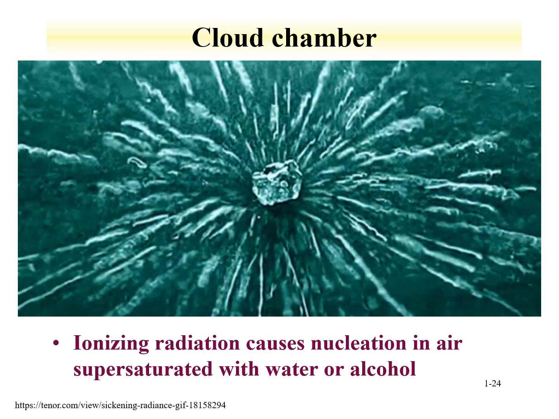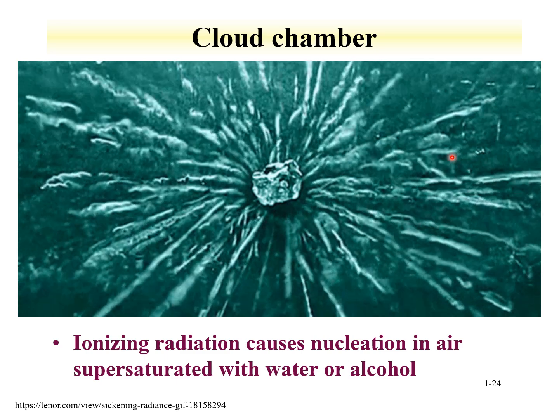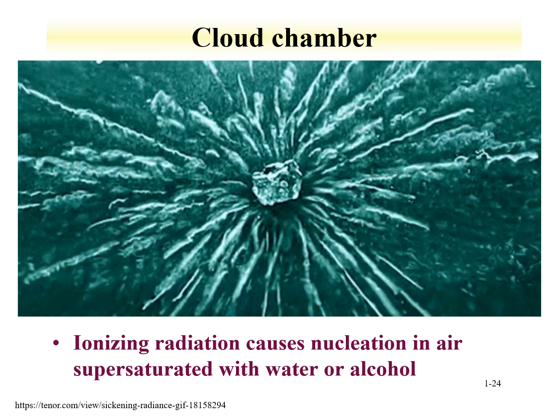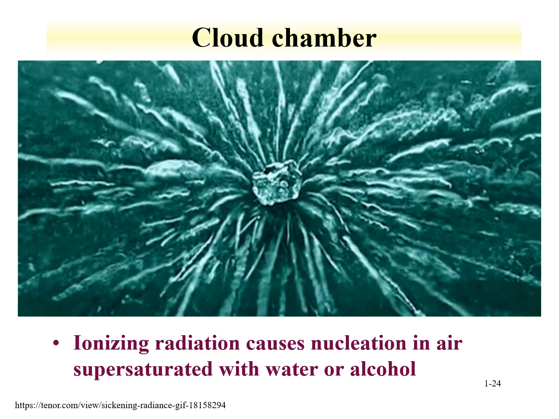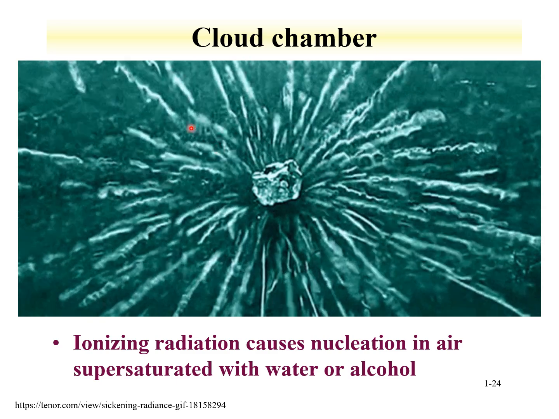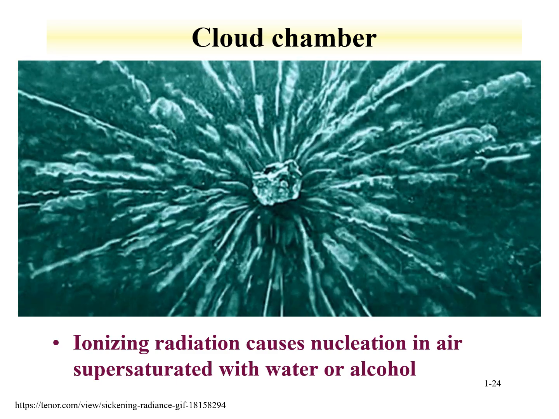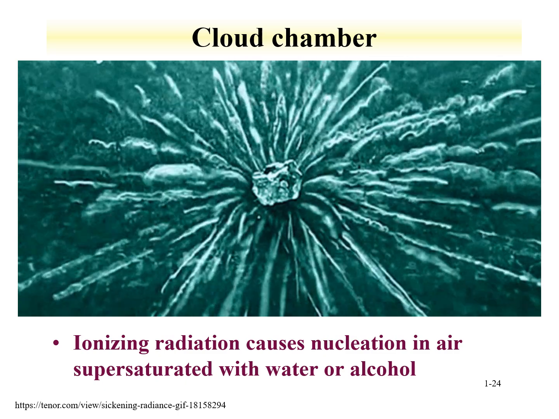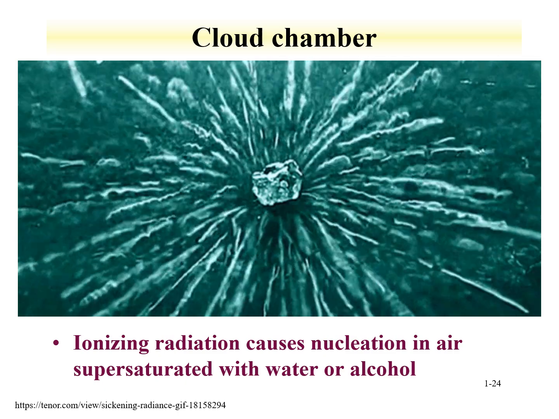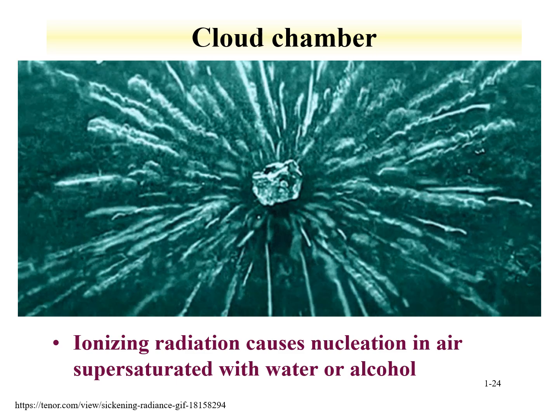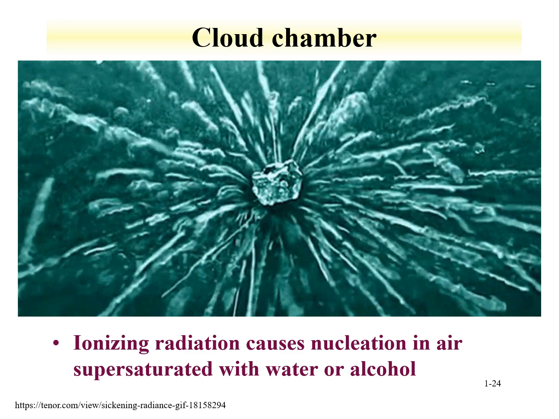As the particles traverse through this supersaturated air with the alcohol, it ionizes the alcohol, leaving tracks which are indicative of the particles passing through it. And this can actually be used to identify alpha and beta particles as they interact with matter differently and will leave different signatures in the clouds.